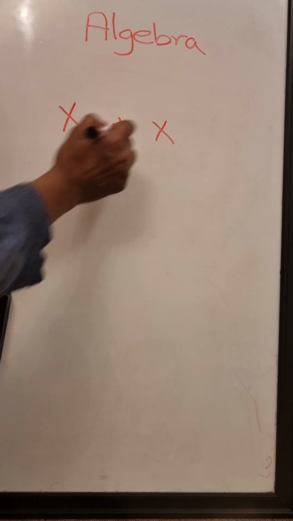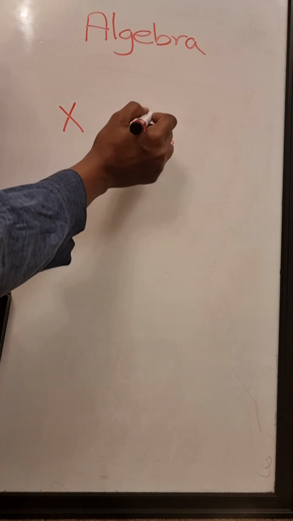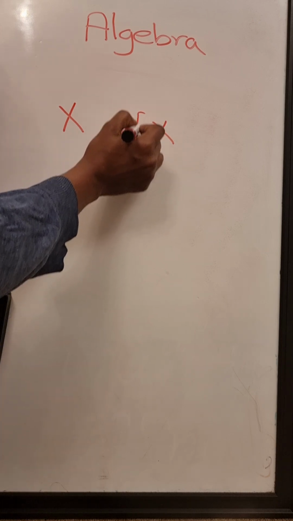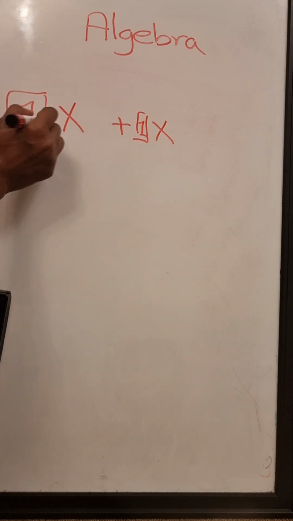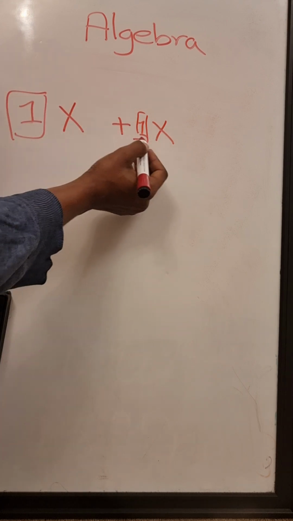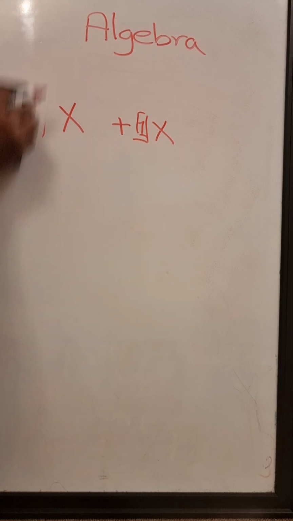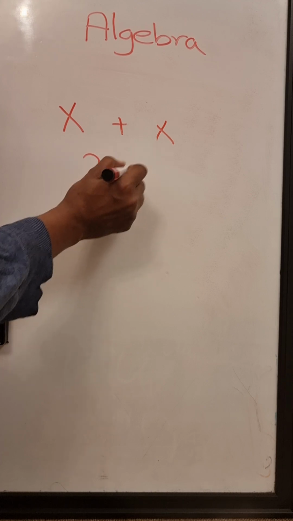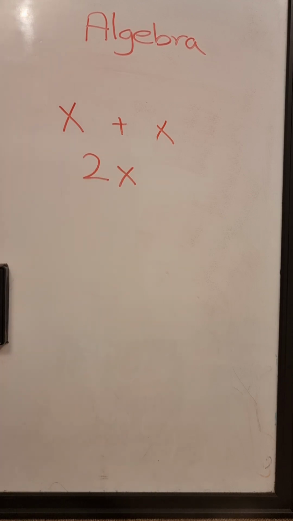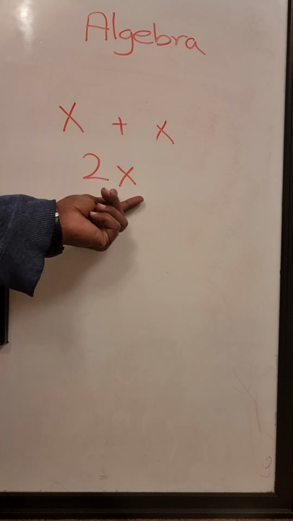If I add them together, we know this one is 1x, and here we're having 1x. 1x plus 1x, or x plus x, equals 2x. Usually we don't say 2 x's, we just say 2x, 2 multiplied by x.